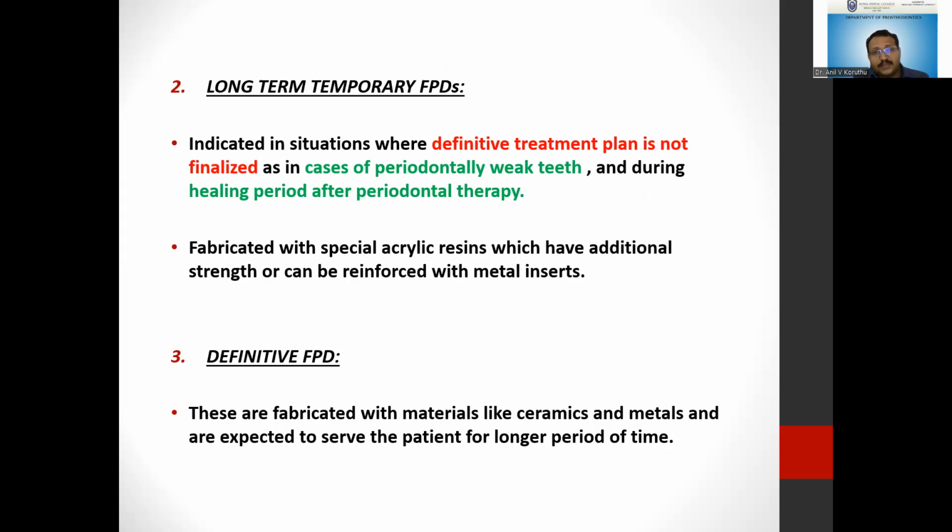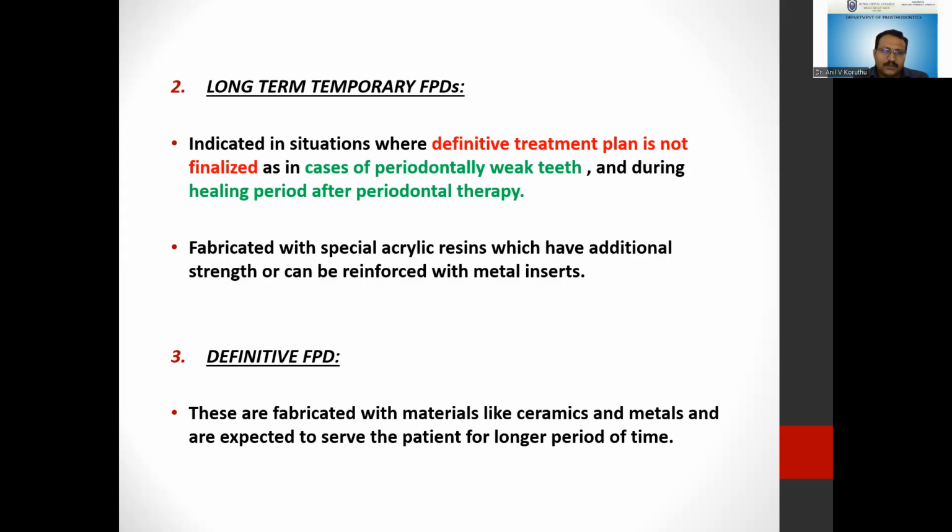What are long-term temporaries? These are the situations where the treatment plan is not decided, or where the tooth is periodontally weak, or else the patient has some medical conditions where more stress cannot be sent to the particular tooth.